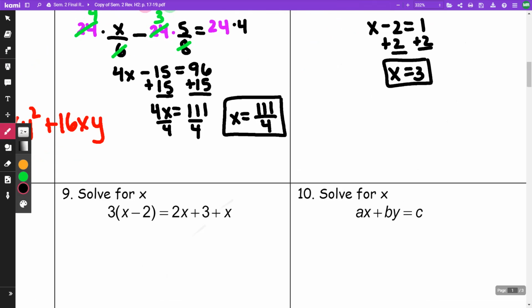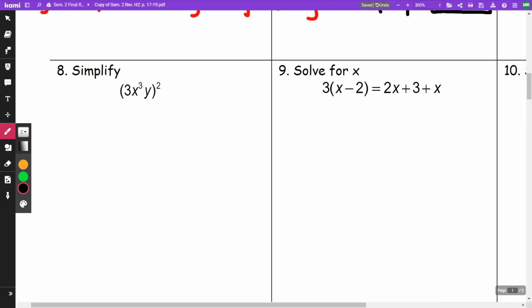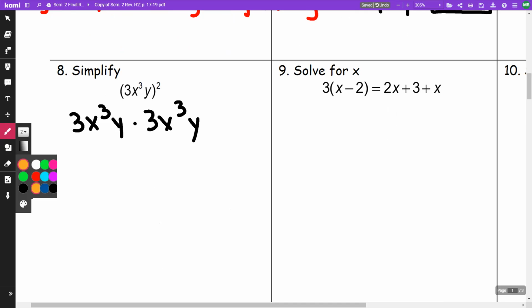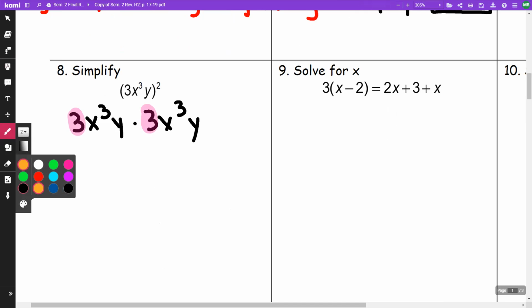On number 8, when I'm simplifying this, you can really think of this as a 3x cubed y times a 3x cubed y, if that helps you out. And when I have that, I'm going to have a 3 times a 3, which is going to give me a 9.